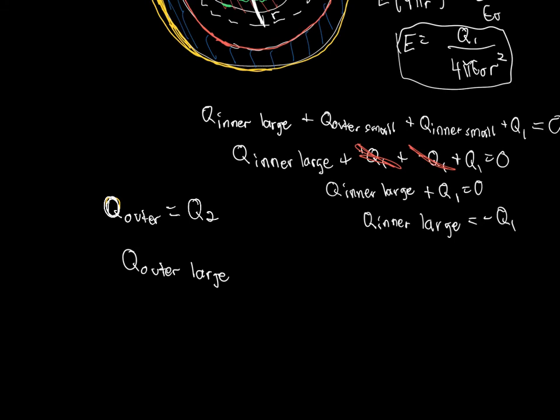I also know that Q outer total has to be equal to Q outer. Oh wait, I've mixed up all the descriptions.